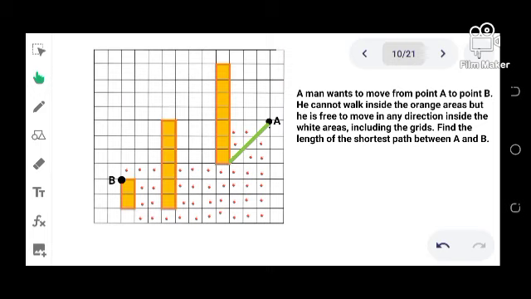Using the same analysis, we can also say that this will be the shortest path along this region because it only takes 4 grids right here. This one here. And then, same thing with this part here.